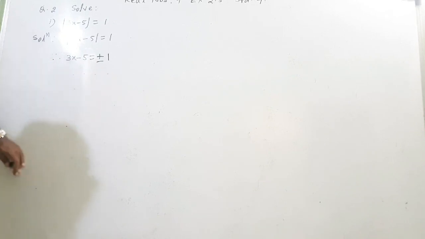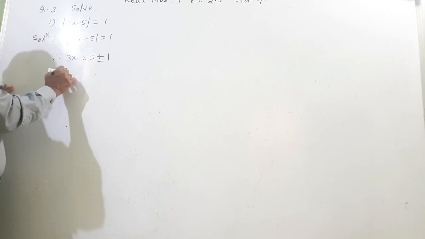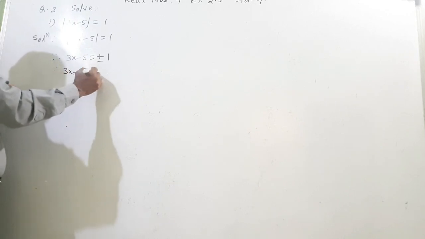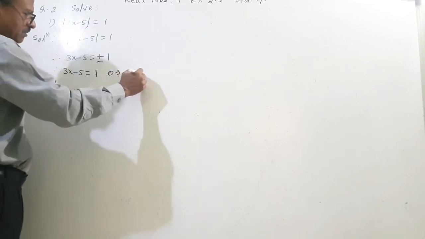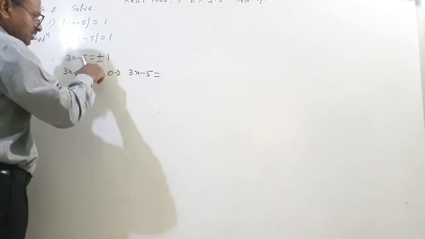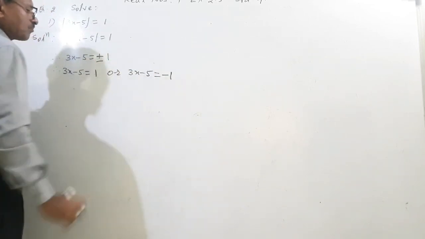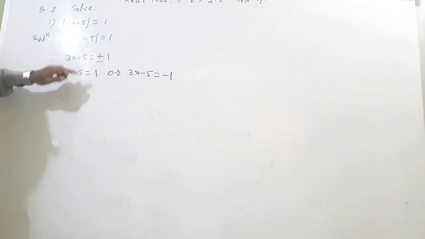This is the first step for every sum. Therefore, 3x minus 5 is equal to plus 1, or 3x minus 5 is equal to minus 1. These are the two values.